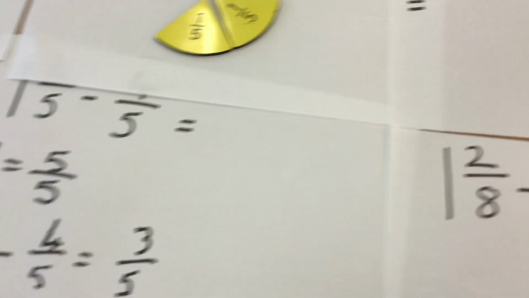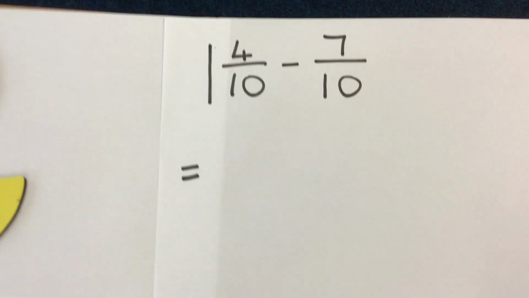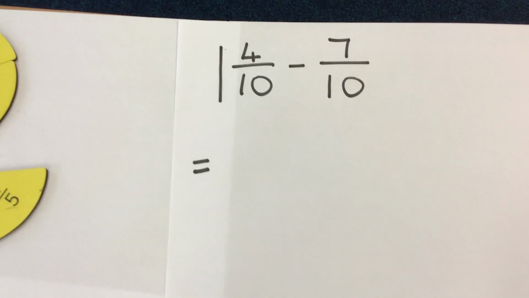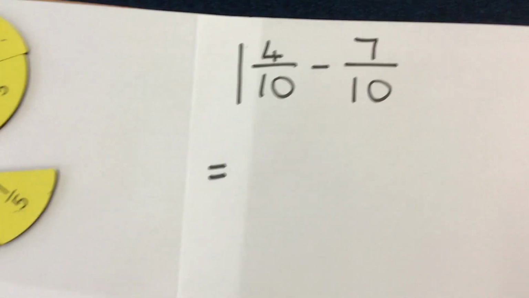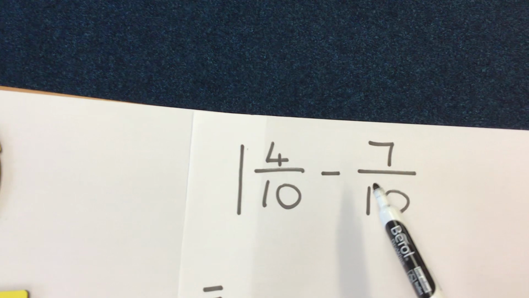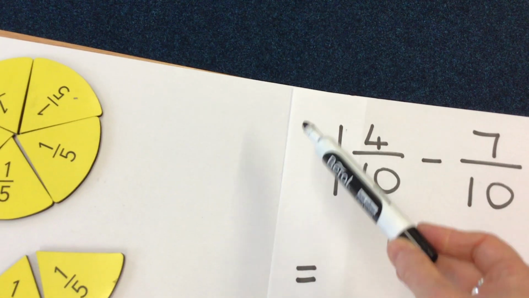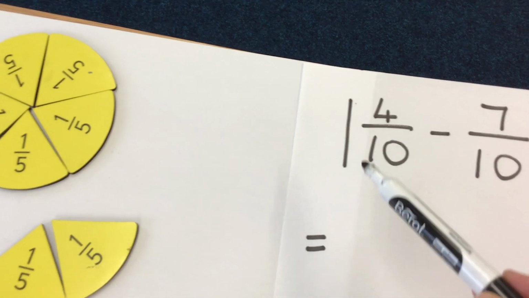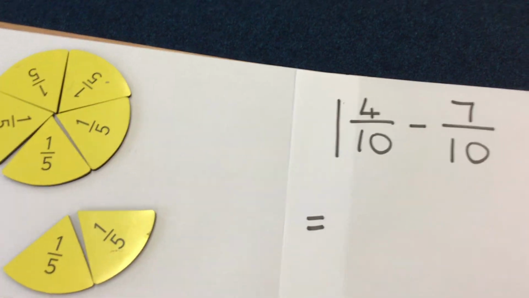Okay, let's move straight now to one that doesn't have any practical equipment with it. Have a little think. It says 1 and 4/10 subtract 7/10. Now, it isn't possible to do 4/10 take 7/10, but I've got my whole number here, remember, and my whole number, in tenths, always got to be in the fraction that you're working in, must be 10/10.